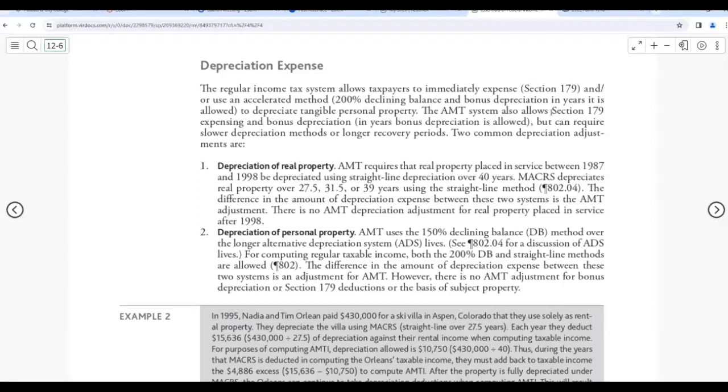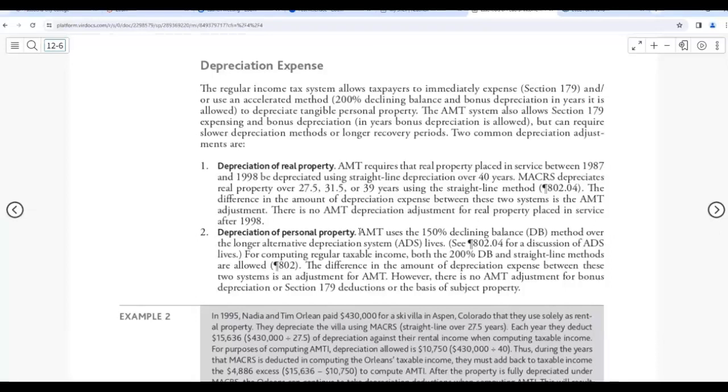The AMT system also allows Section 179 and bonus depreciation, but can require a slower depreciation method or longer recovery period. Two common depreciation adjustments are for real estate property. If you have real estate property purchased in 1987 to 1998, using straight line of 40 years, that's one thing that AMT wants to adjust.